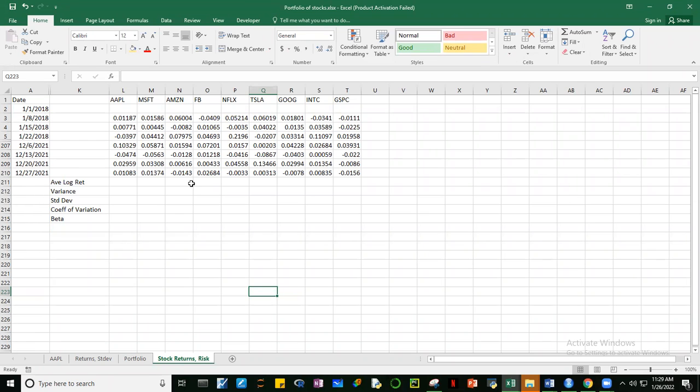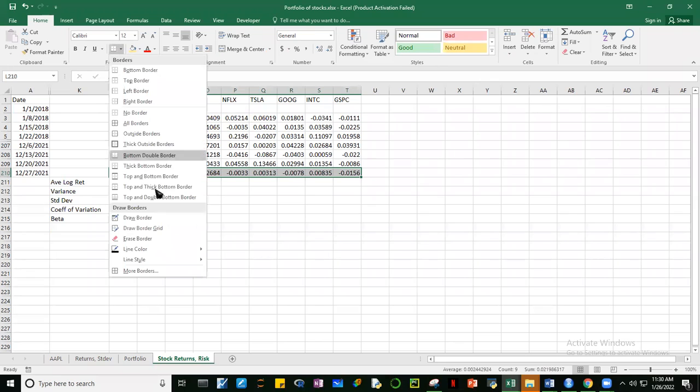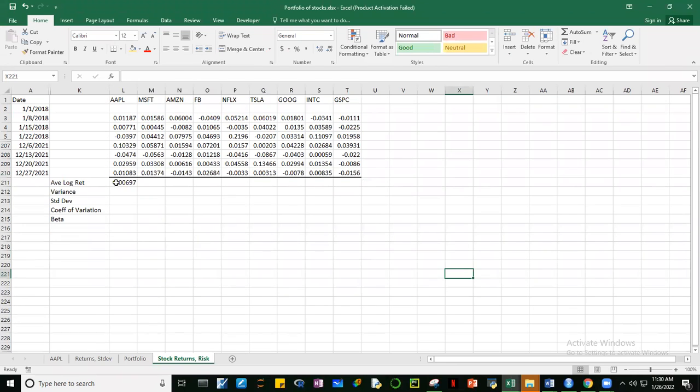Okay, so we can easily compute for the average returns. So it's just the average of your returns there. Okay, average returns natin, i-copy natin to.